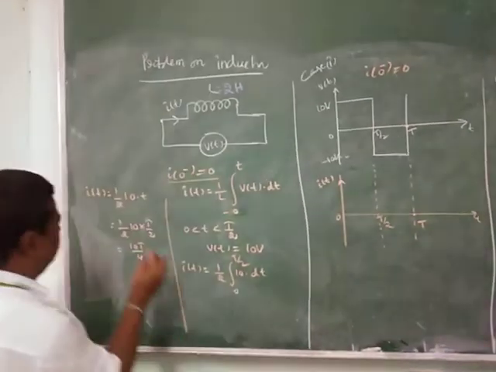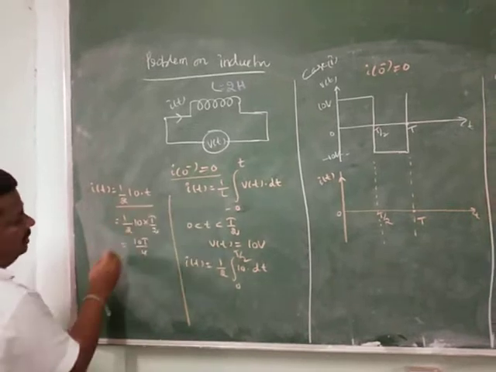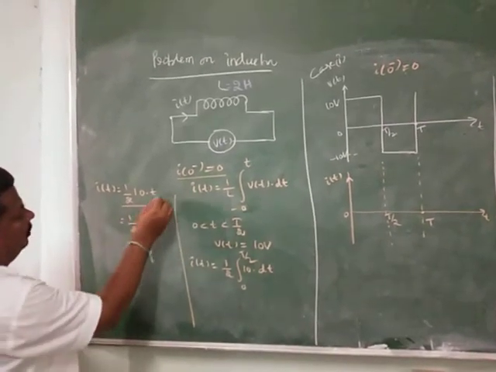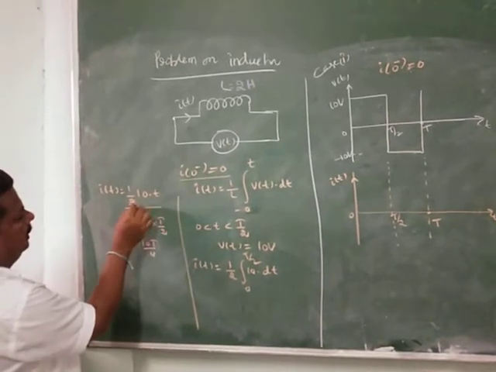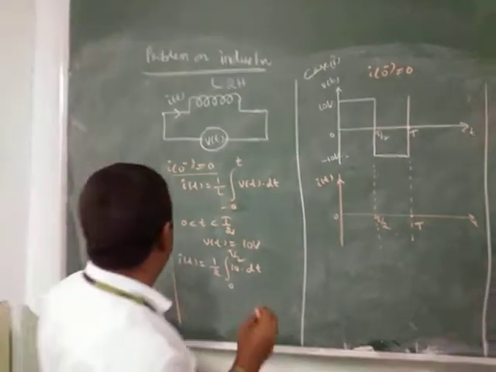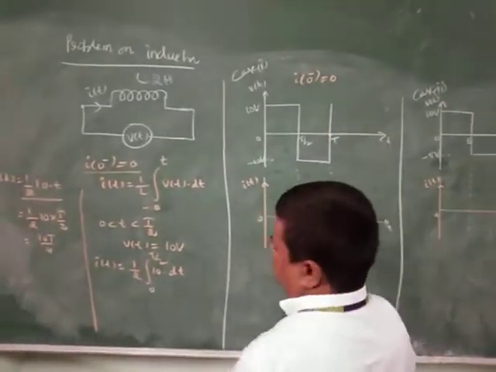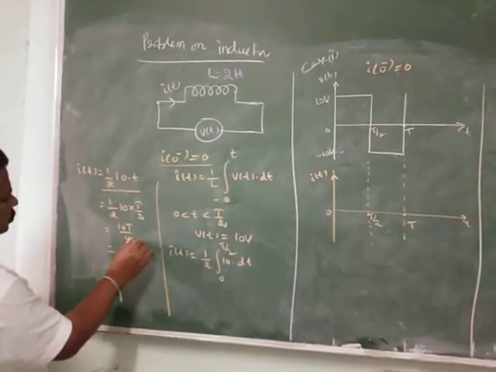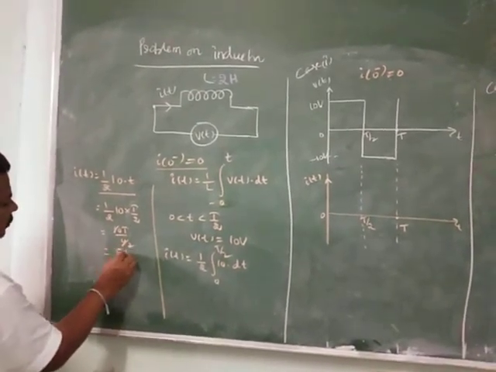Now here the shape of the current signal is some constant into time. It linearly increases with respect to time. So finally that is equal to 5 t.